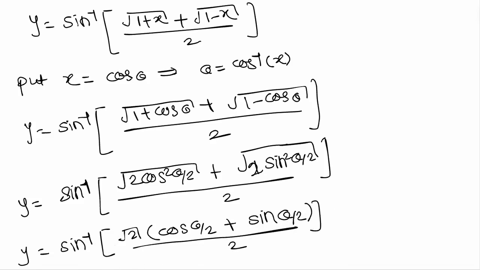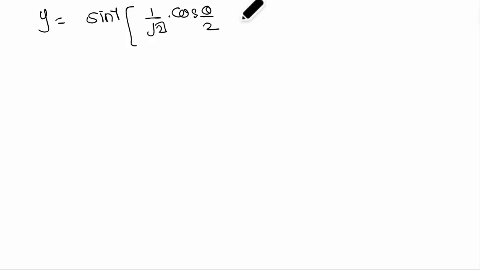So guys, it can be written as y equal to sine inverse of 1 by root 2 into cos theta by 2 plus 1 by root 2 into sin theta by 2. Okay.